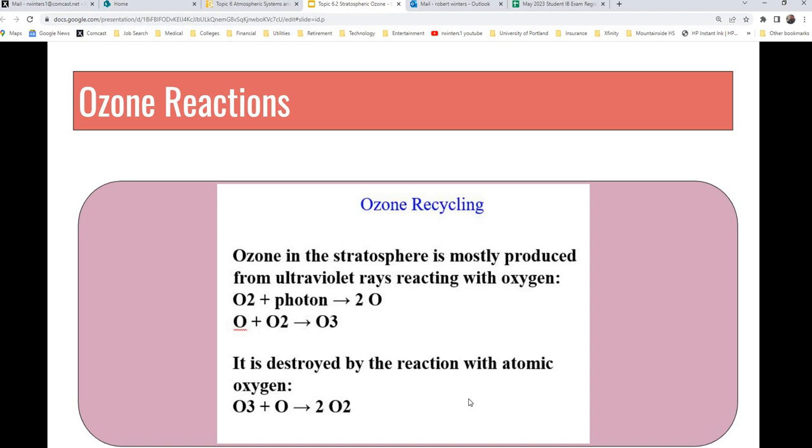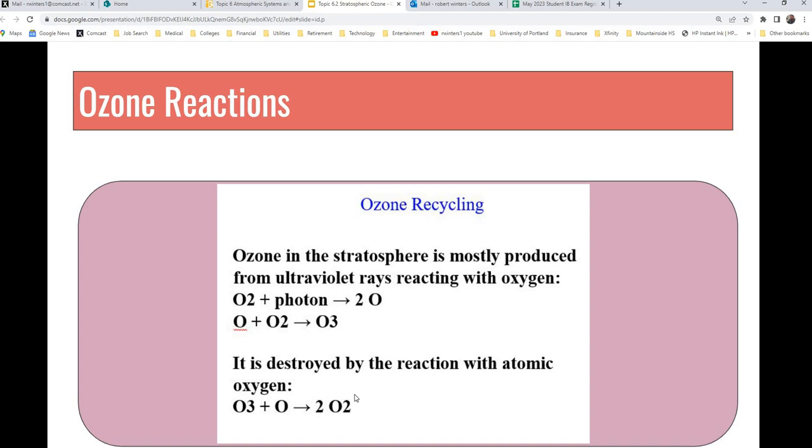And then it can also be destroyed by radiation, and it is destroyed because ozone, O3, combines with an oxygen radical. 3 plus 1 makes 2 oxygen molecules. 2 times 2 is 4.